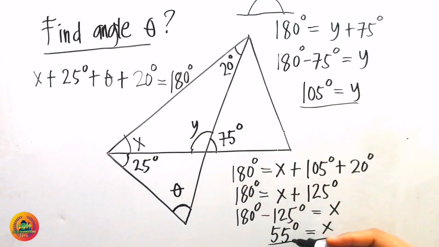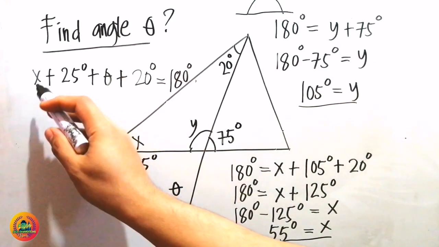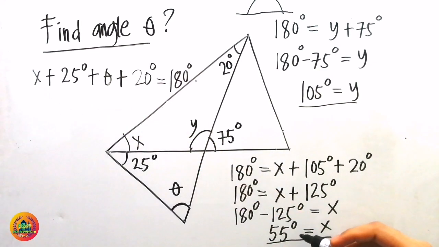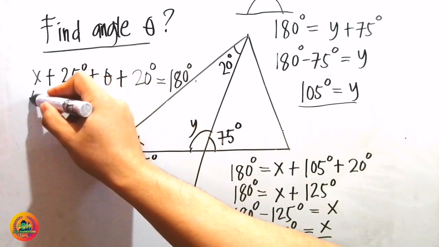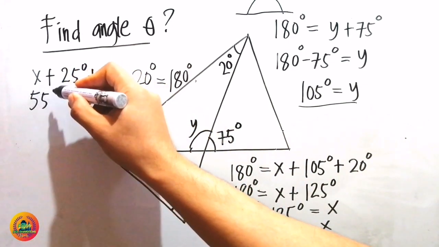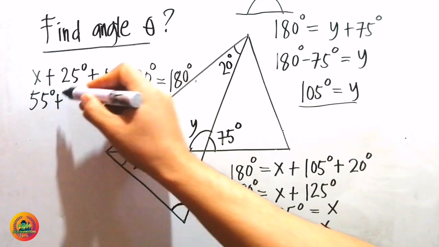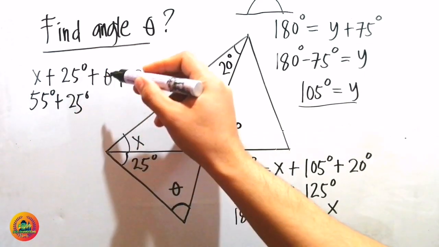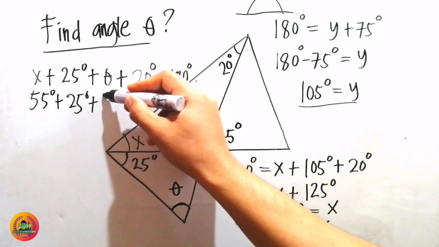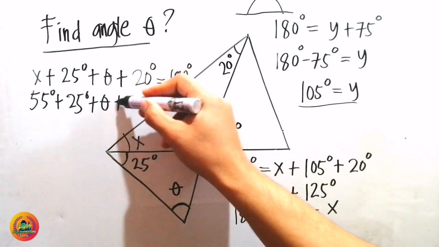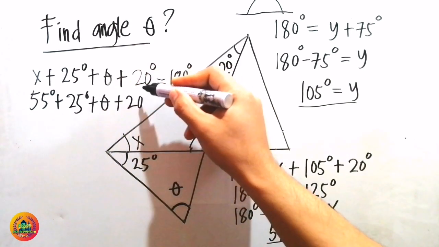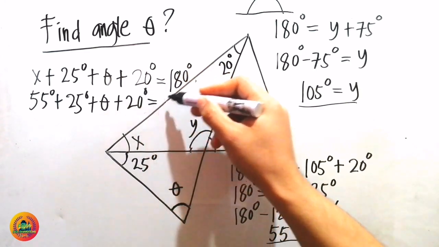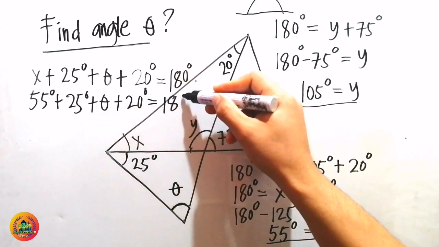Next, we will substitute the value of x, which is 55 degrees. So 55 degrees plus 25 degrees plus theta plus 20 degrees is equal to 180 degrees.